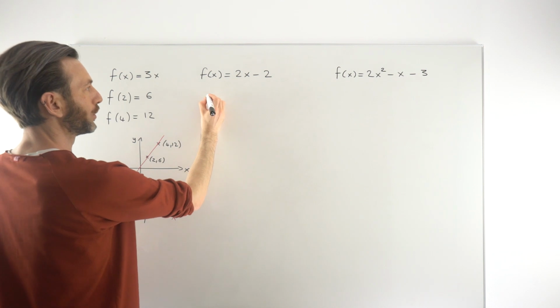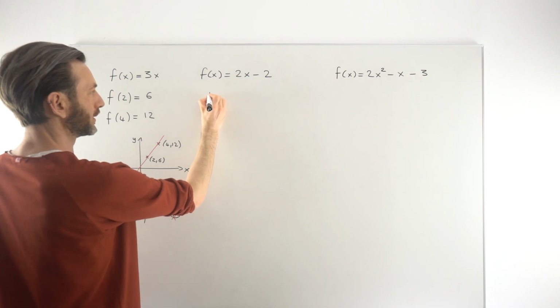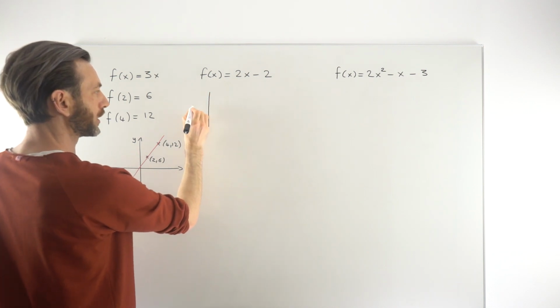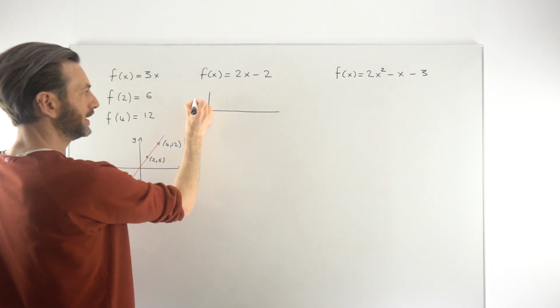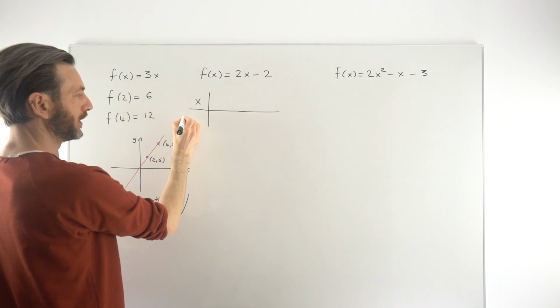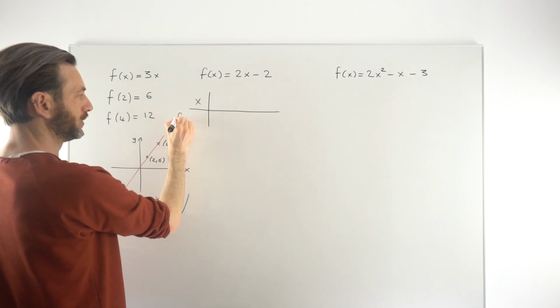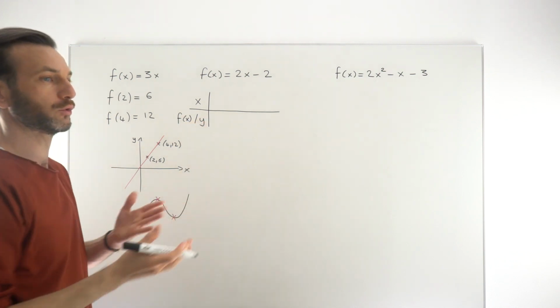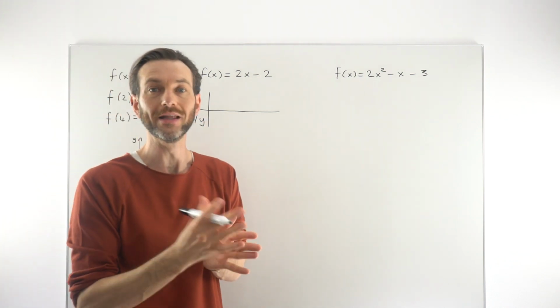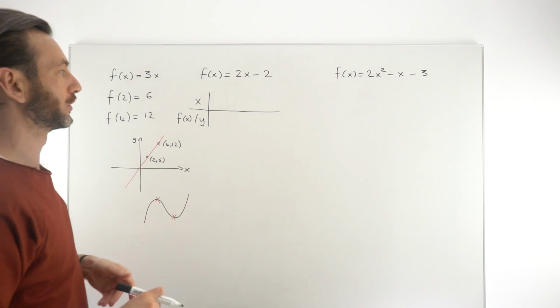But in principle, what we're going to do here is construct a table, and this would work theoretically for any function. In the table, we're going to have an x value, and then an f of x value. But the f of x value is basically, on the graph, going to be the y value. So f of x and y are interchangeable when you're thinking about the graph of a function.